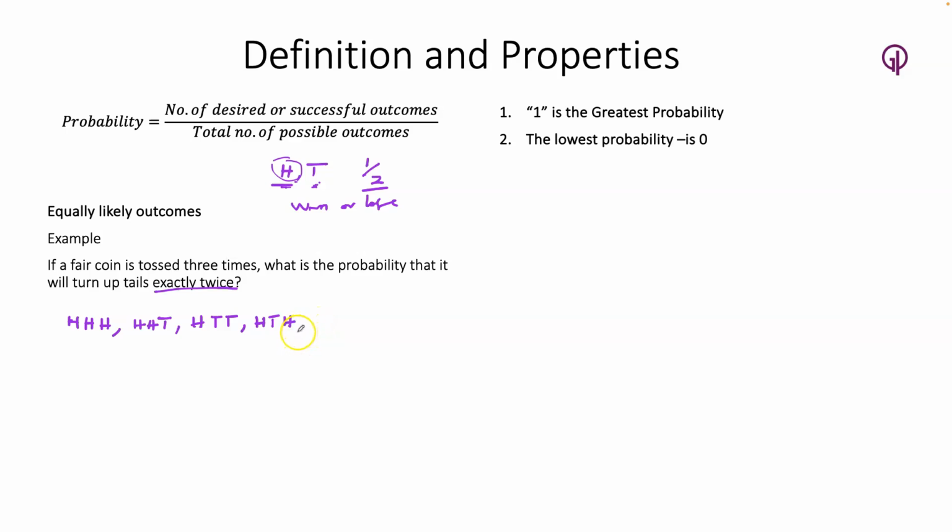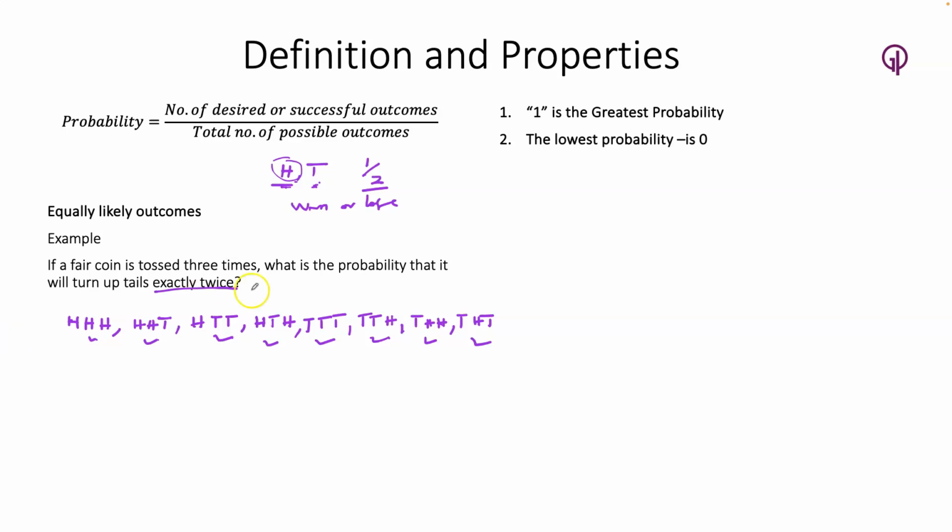Then we can have tail, tail, tail. Then tail, tail, heads. Then tail, heads, heads. And then tail, heads, tail. So how many total possible outcomes do we have? 1, 2, 3, 4, 5, 6, 7, 8.